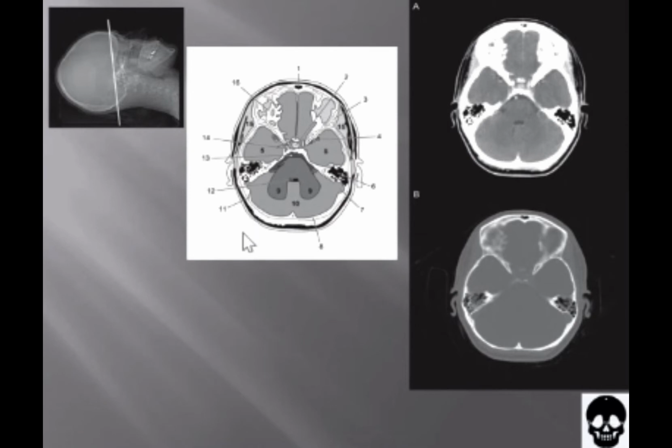Number 12, fourth ventricle. Number 13 is the basilar artery. Number 14, sella turcica. Number 15, temporalis muscle. And number 16 is the frontal bone, orbital roof.